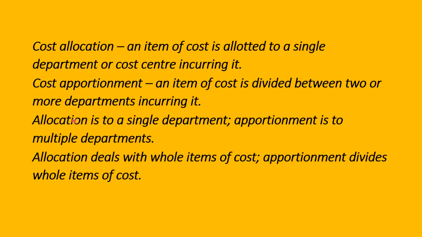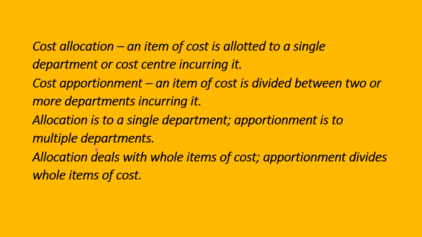Okay, now let's take a look at the differences between the two. Allocation is to a single department. Apportionment is to multiple departments, two or more. Allocation deals with whole items, of course. Apportionment divides items.